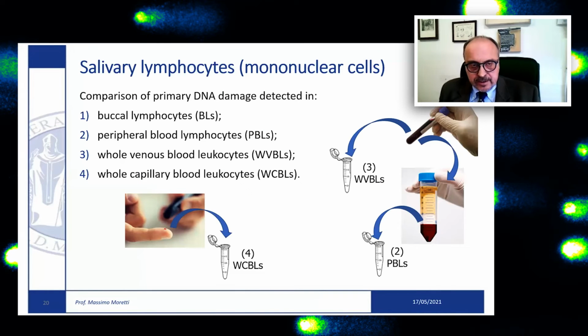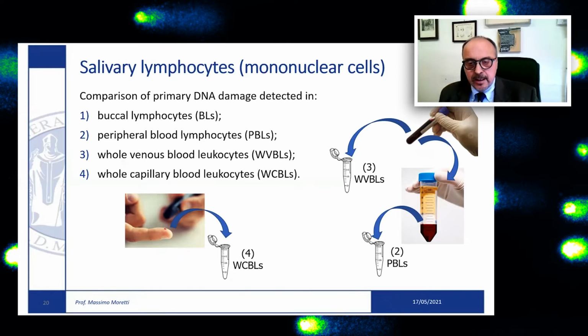On the same subject, we have also performed blood sample withdrawal, because in the same samples we performed the COMET assay in buccal lymphocytes, but also in peripheral blood lymphocytes isolated with density gradient centrifugation.